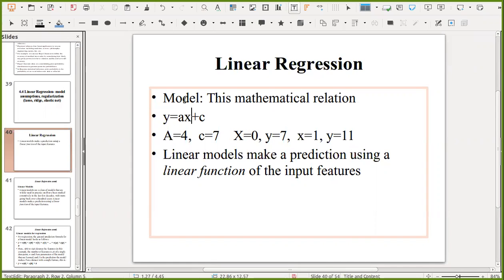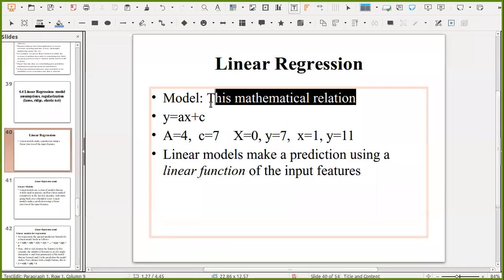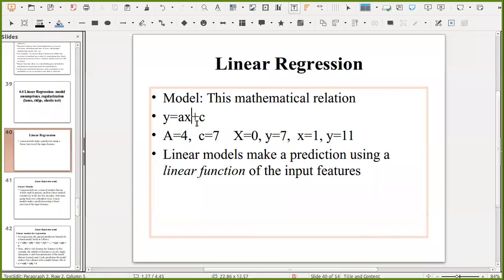So whenever we talk about a model, it means a mathematical relation between feature values. Here x is one of the features which will be able to predict the value of y. y can be another feature, or an output class, that is, the class in which the object can fall.